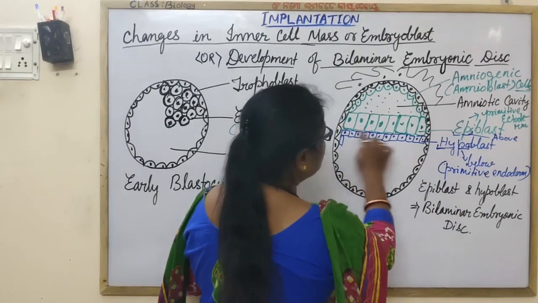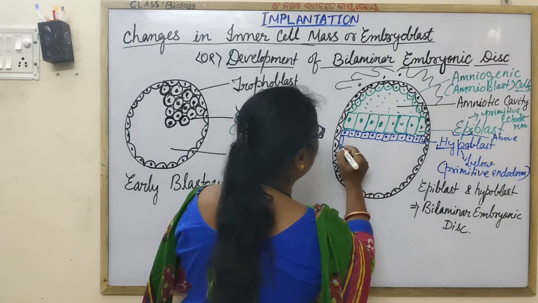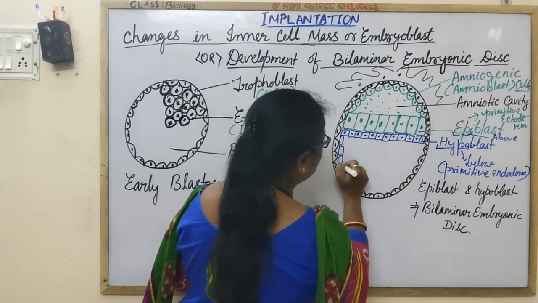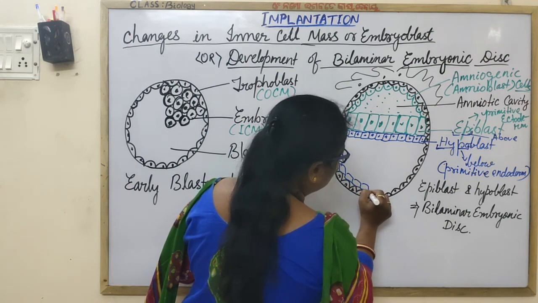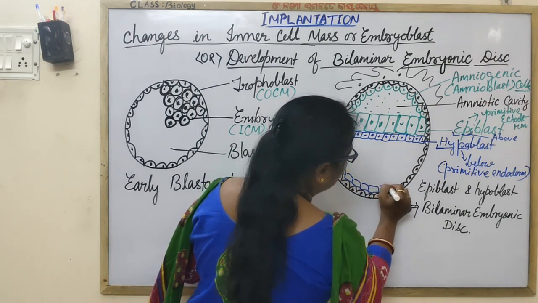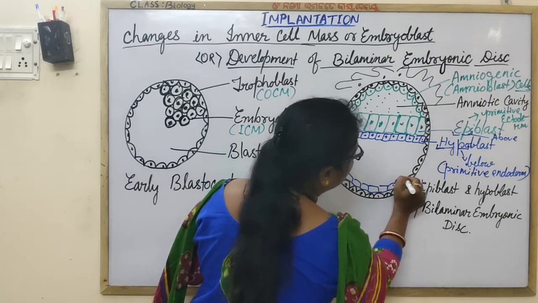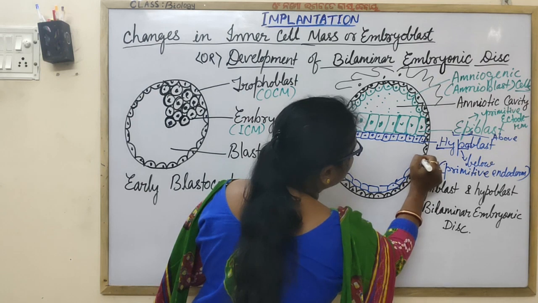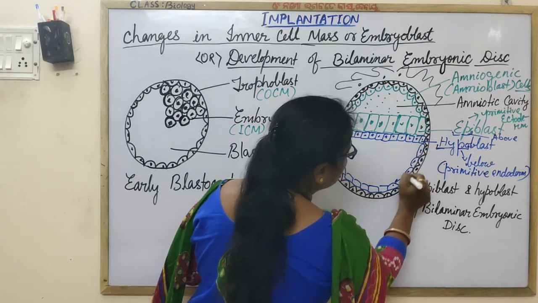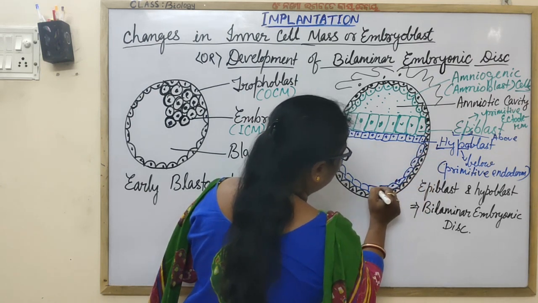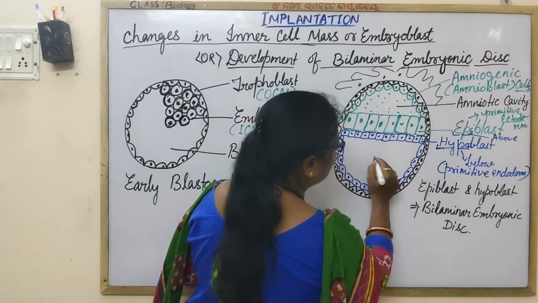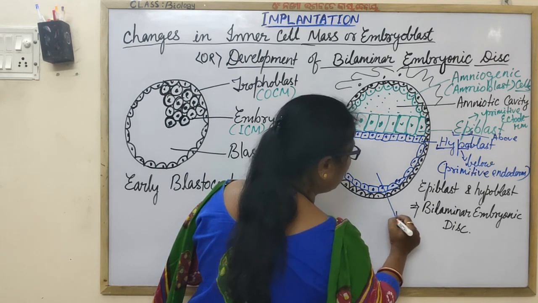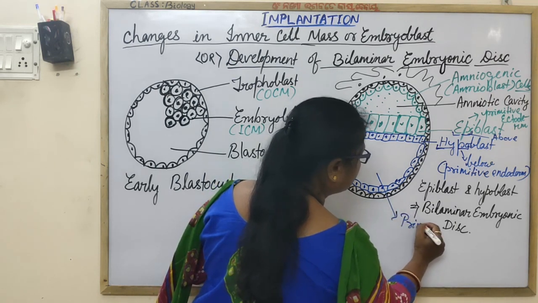And the cells of the hypoblast divide and move to make the lining of the blastocyst, forming the primary yolk sac. This is the primary yolk sac.